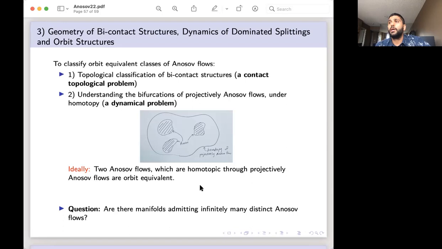Remember that a related fact, I think a result of Colin and Honda, is that we have only finitely many tight contact structures on hyperbolic manifolds. Maybe we can use this finiteness of tight contact structures to show that we have finitely many Anosov flows on hyperbolic manifolds, and answer this problem at least for the hyperbolic or atoroidal case. But this is generally an open problem, and I'm going to end my talk with this open problem. Thank you for listening.